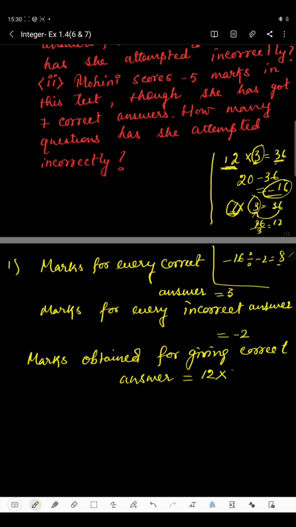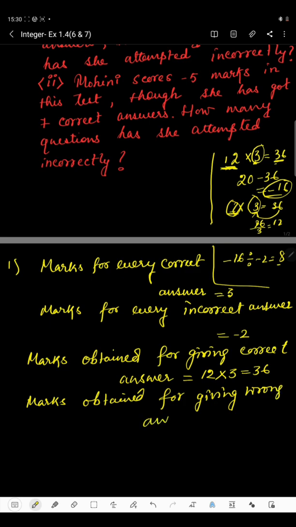So for 12 correct answers, marks will be 36. Now we will find marks obtained for giving wrong answers or incorrect answers.